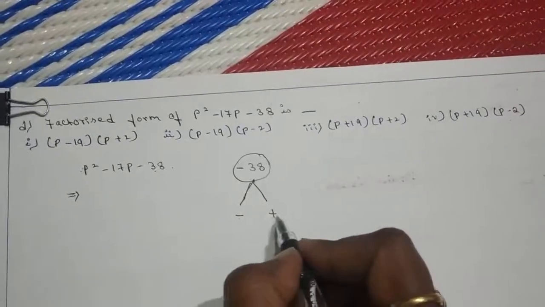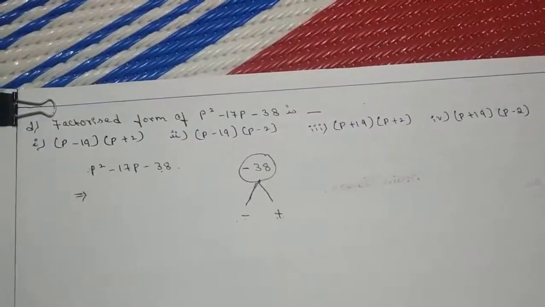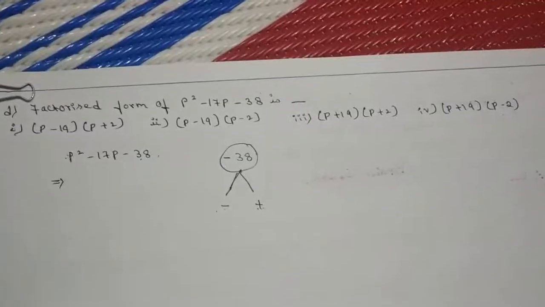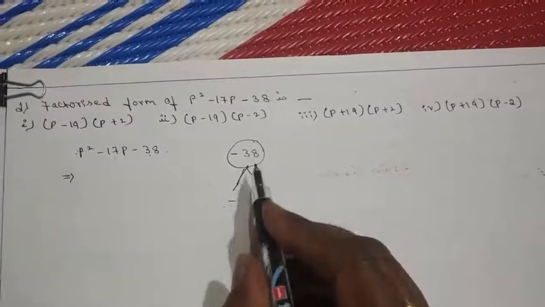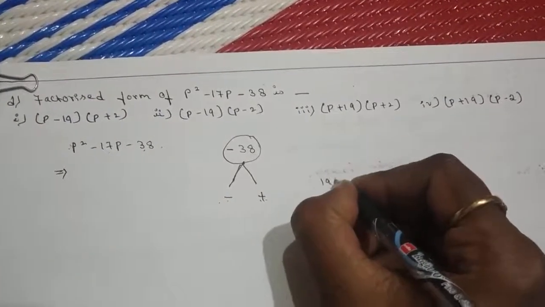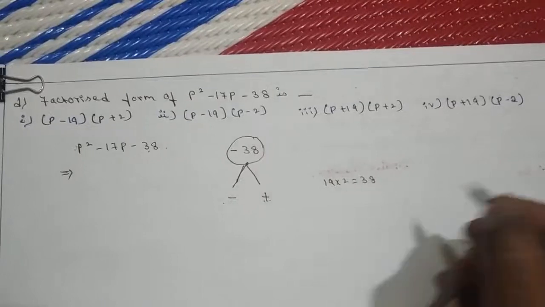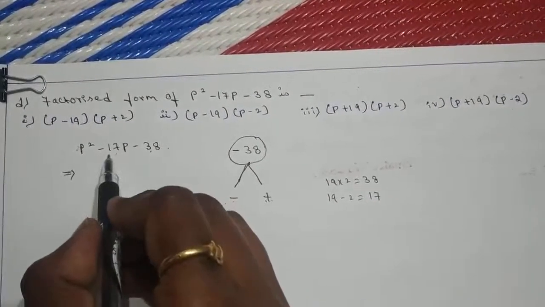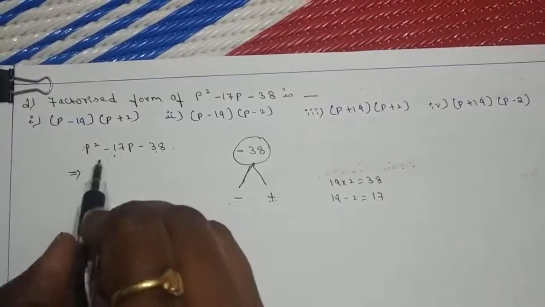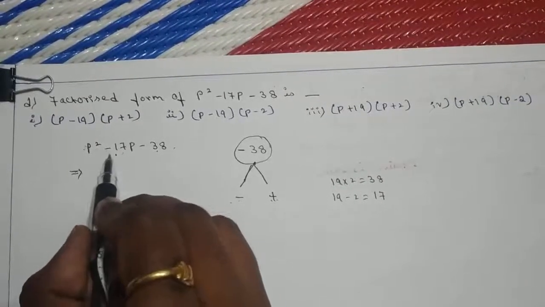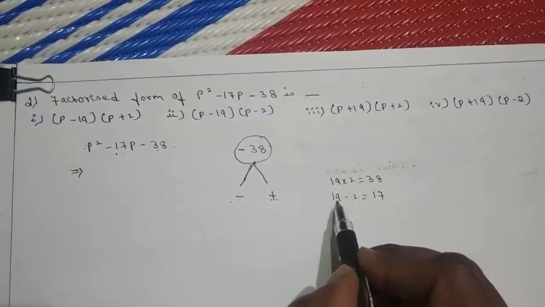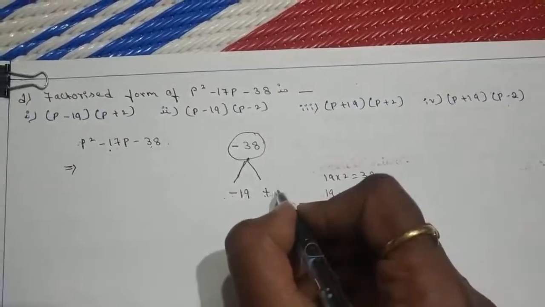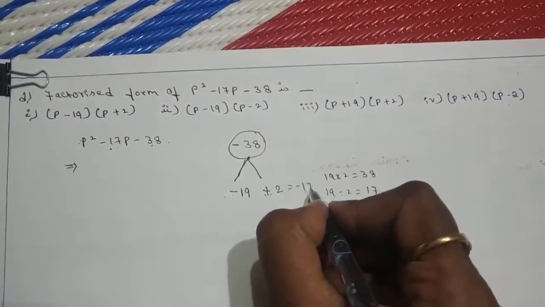Means we got unlike signs. We need to subtract the numbers. When you subtract the numbers, you should get 17. So choose the table. Okay, 19 into 2 is 38, right? Then 19 minus 2 equal to 17. Yes, we got 17 here. Then be aware, what 17 we have? Minus 17. Then the bigger number should be kept with the minus sign. That is minus 19 plus 2 is equal to minus 17.